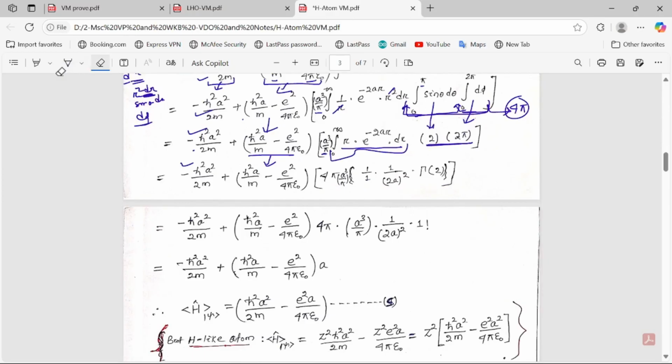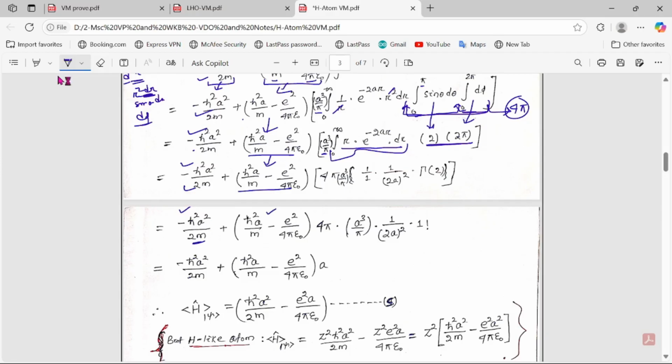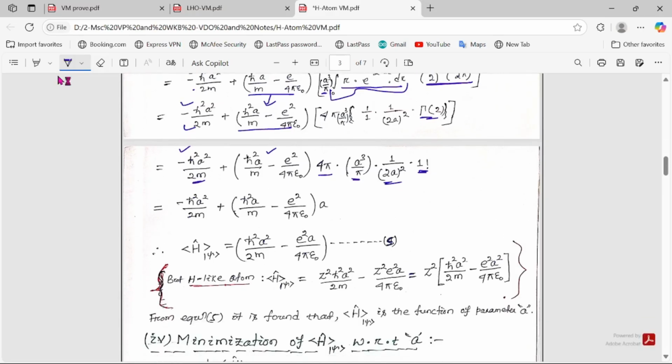Right? Now minus h bar squared by 2m, minus h bar squared a squared by 2m, as such it is written. The same term is written here, 4 pi a cubed by pi. So this will be gamma 2, which is nothing but 1 factorial, 1 by 2a squared, equal to minus h bar squared a squared by 2m.